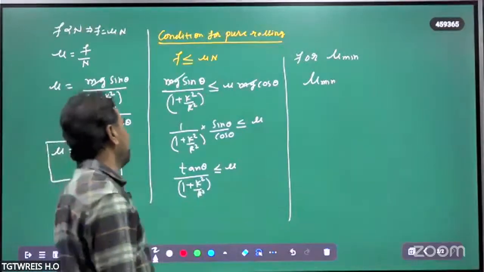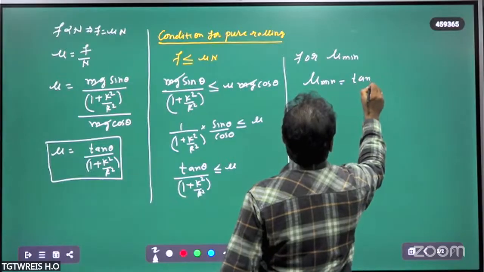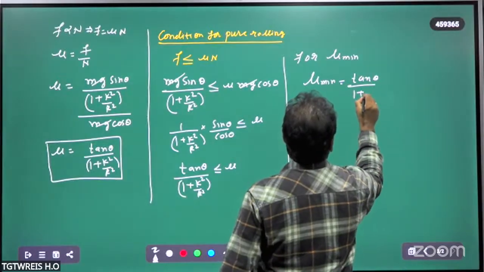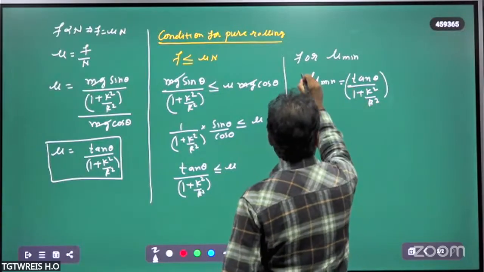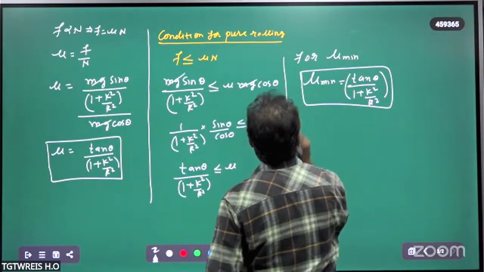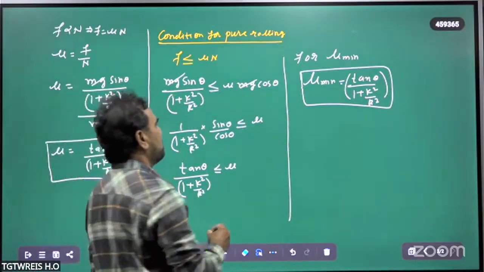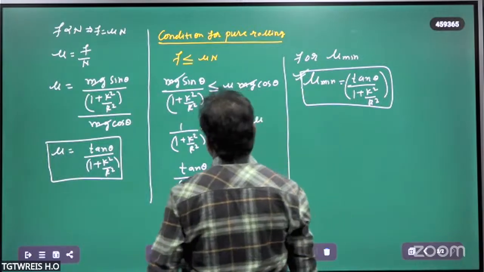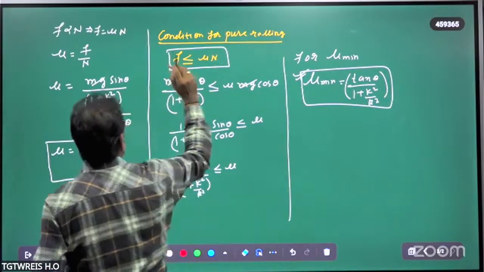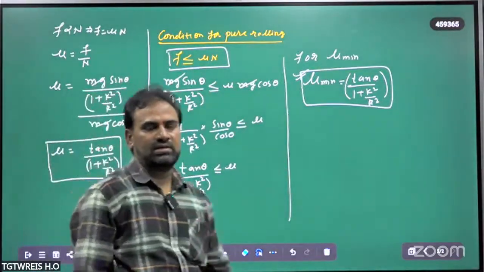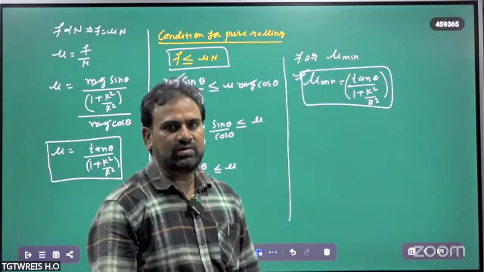It is tan theta upon 1 plus k square upon r square. So this condition is applicable for the minimum value for pure rolling. For pure rolling, the coefficient of friction must be this much, okay. And this condition is applicable for pure rolling. Is it clear? Is it clear or not? Respond. Is it clear now?